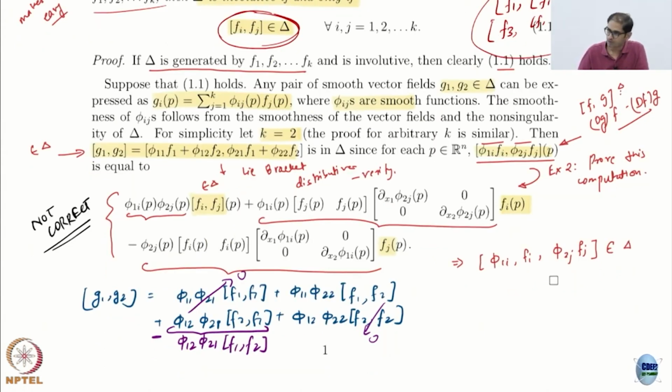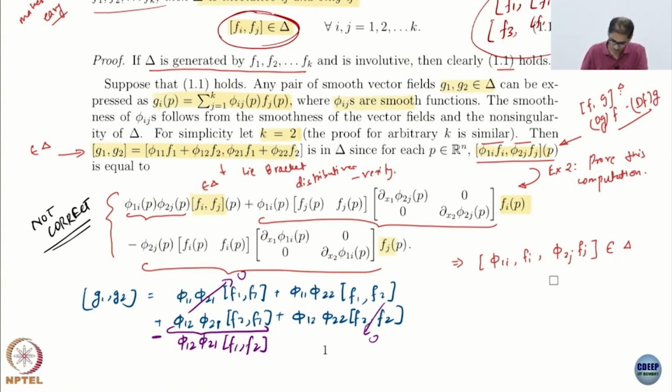Okay, all right. So I wanted to prove this computation anyway, but let's look at the Lie bracket of g1 and g2 as per this expression. It is known that the Lie brackets are distributive. I have not talked about this, but it's easy to prove that they distribute. That is, I can break this open in all these four terms, just works like a nice distributive bracket term.